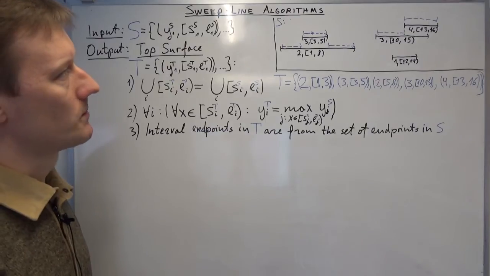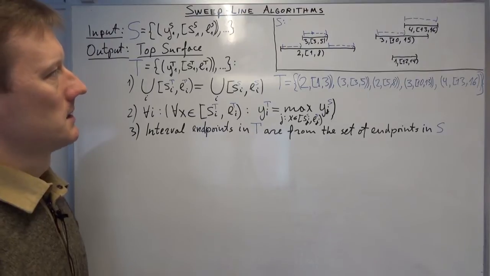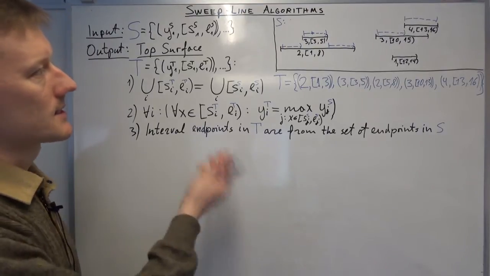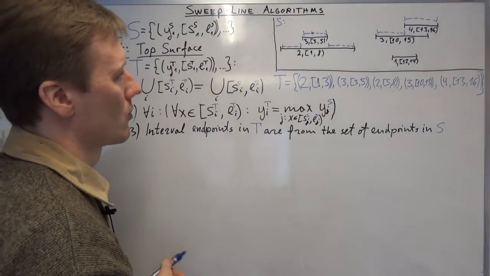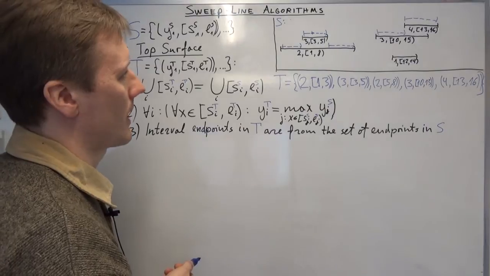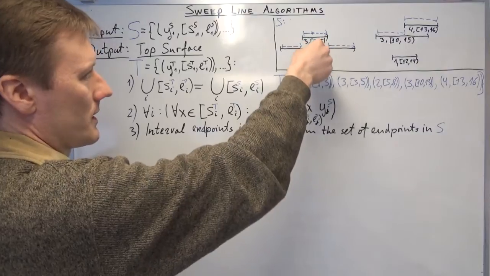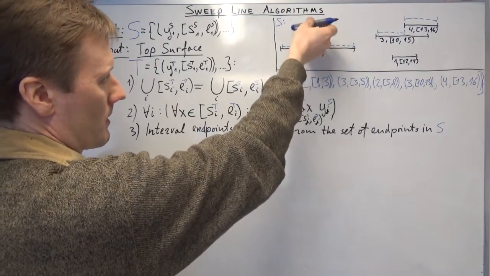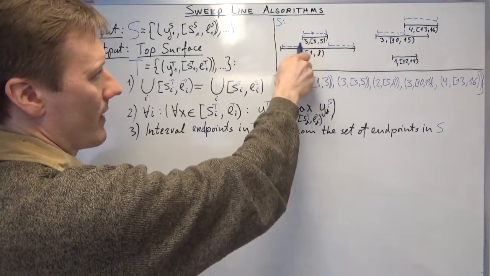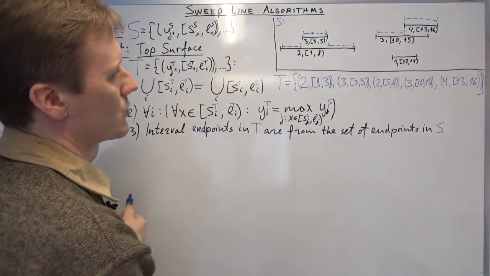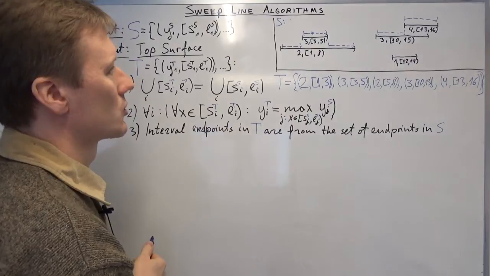Well, one approach would be some sort of brute force algorithm, let's say a nested loop algorithm that takes each interval from the input and compares it with all the other intervals and sees whether they overlap with it and have larger y values than it. And in this way, we could see if any part of this input interval should belong to the output.